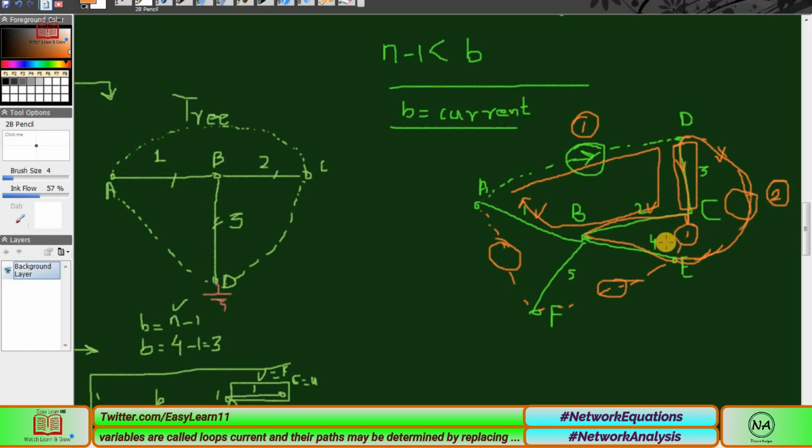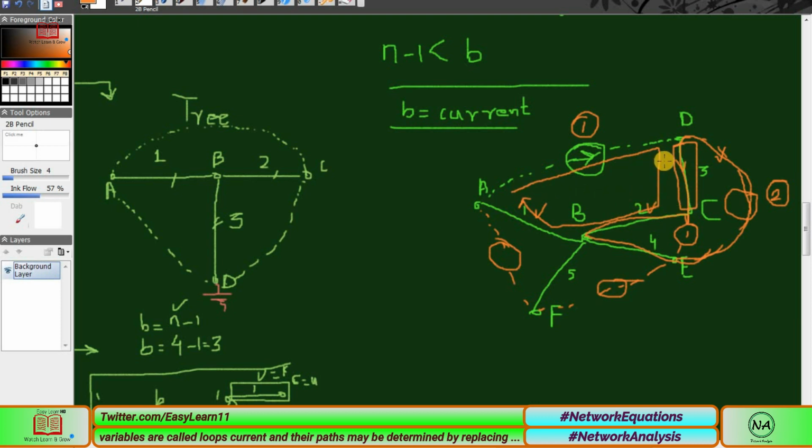There may be another point, but I'm not considering it. To make it simple, I just want to show you that a number of different currents can enter into the same line or same branch. In branch 3, there are 2 currents that can be seen.